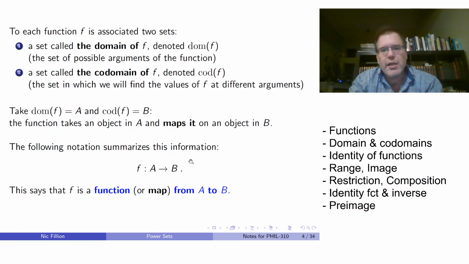But as you see, it shouldn't lead to a confusion at all because it's prefixed by f colon, right? So it says f is a function of type A to B, where it maps elements of A to elements of B. Okay, so whenever we're going to be talking about functions, we're very often going to be describing them in this way.